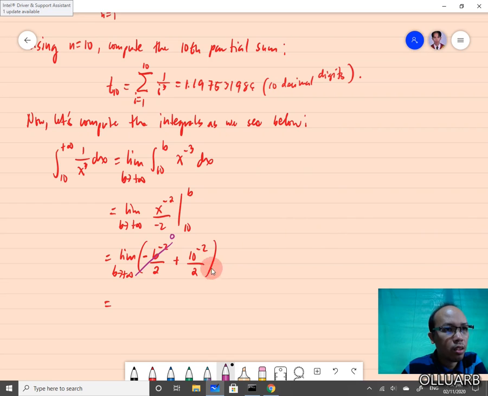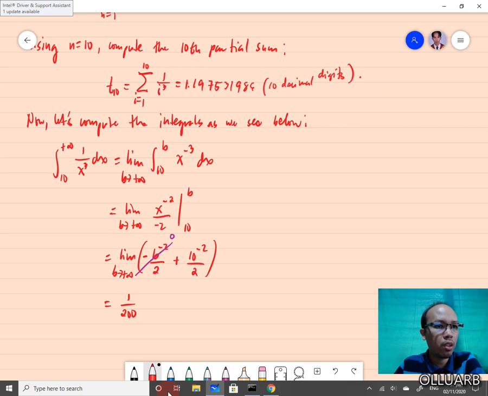This is 1 over 10 squared, which is 100, times 2 is 200, so 1 over 200. Let's wait again for the program to respond. Let's choose this color. Okay, this is 1 over 200.